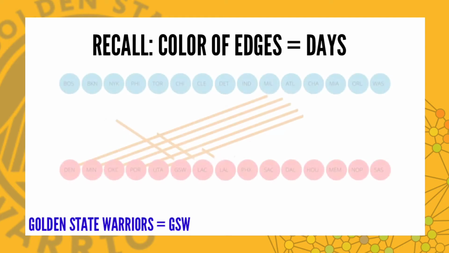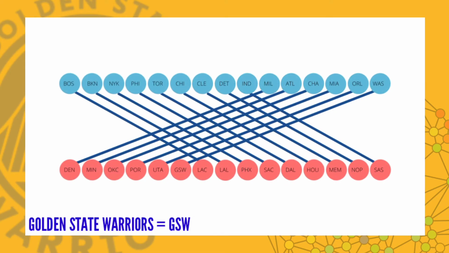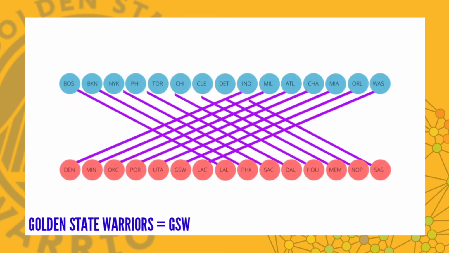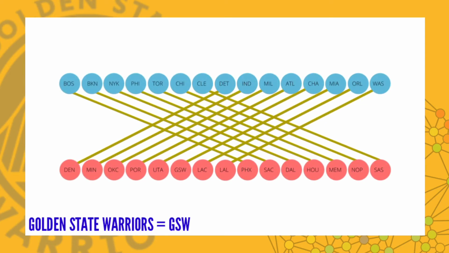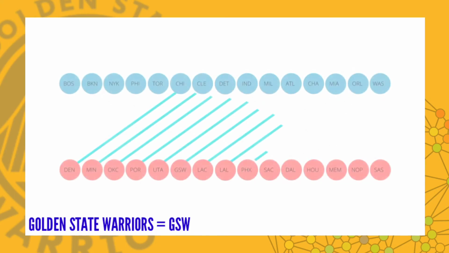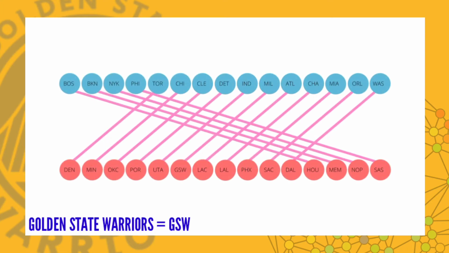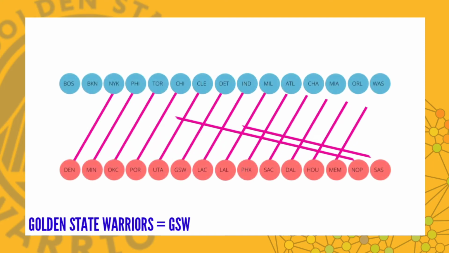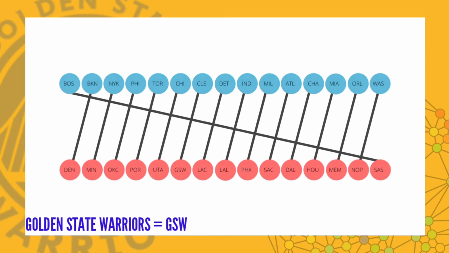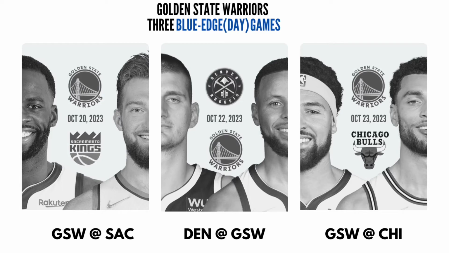That color signifies the game days. And that is how the NBA matches and schedule are constructed.